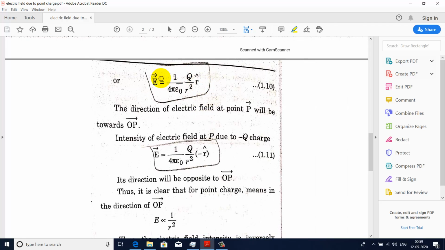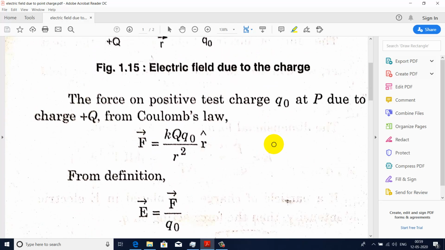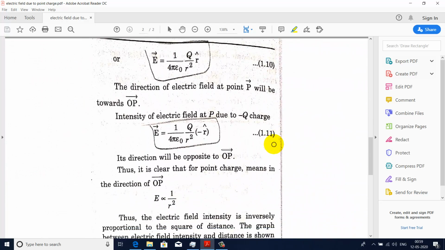This is the value of electric field due to a point charge at point P, and the direction of this electric field is toward r cap. The direction is toward the right. So at this point P, the direction of electric field due to this charge plus Q will be towards the right. E will be in the right direction.